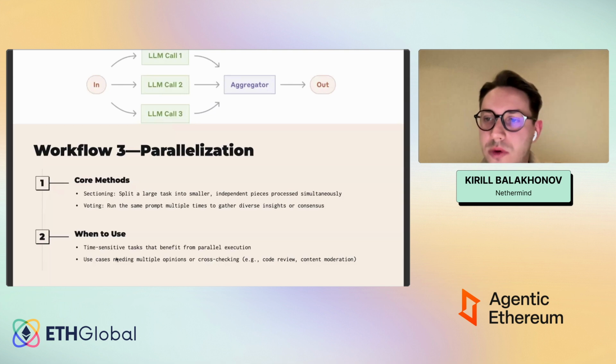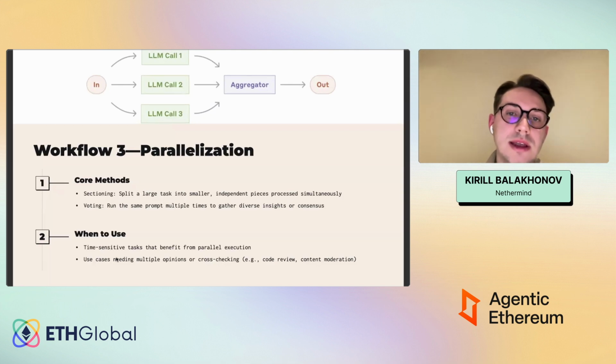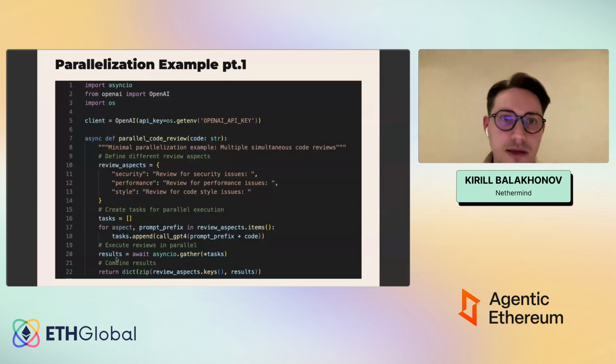What is important is that we can do some tasks in parallel if we assume that the results of these parallelized tasks can also be used as a separate step with LLMs. Then we can call them in parallel. So let's check what this example shows. Parallel code review.